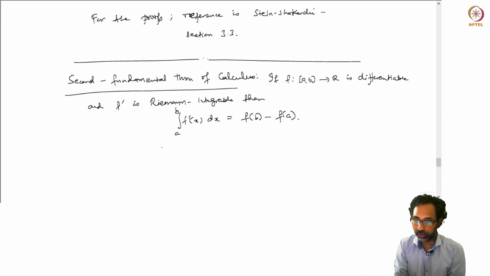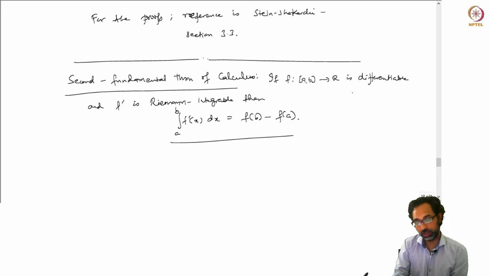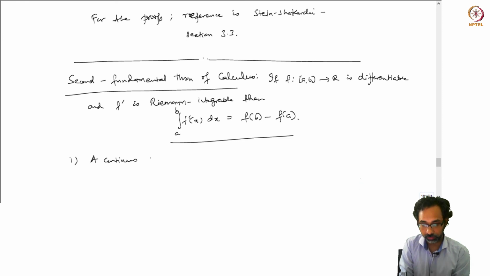So we can try to ask whether, even if we have, let's say, a continuous function which is in L1 over [a,b] and which is differentiable almost everywhere in [a,b], such a formula holds. First of all, a continuous function may be nowhere differentiable.